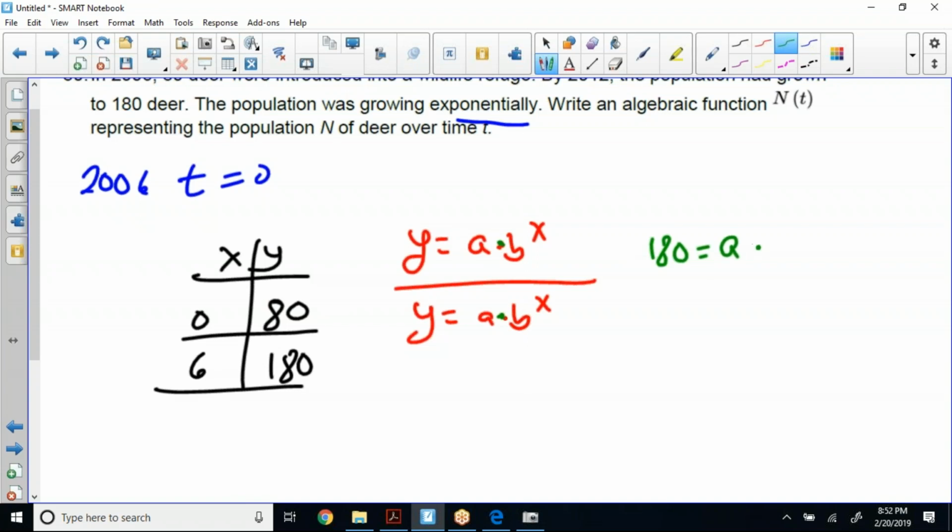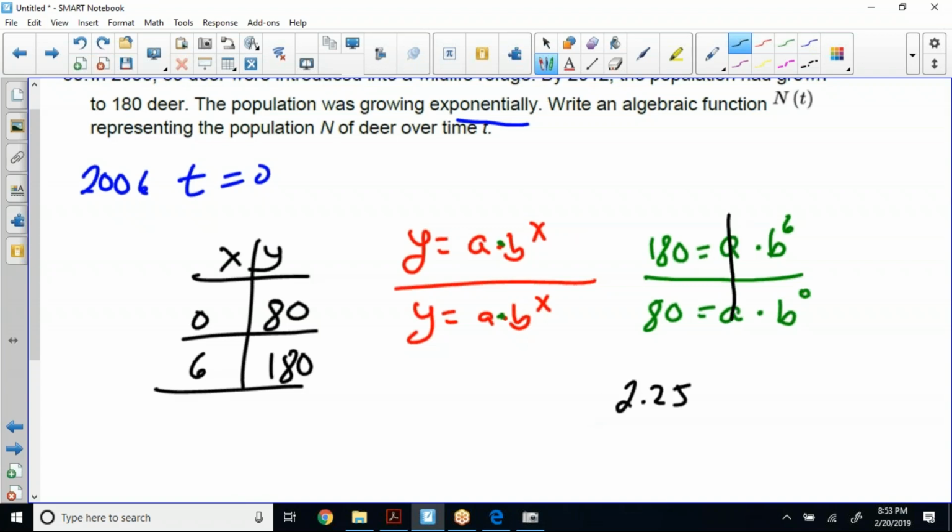So a times b raised to the 6 divided by the output for this one, 80, equals a times b to the 0. Okay, and we're going to divide these. 180 divided by 80 is 2.25.